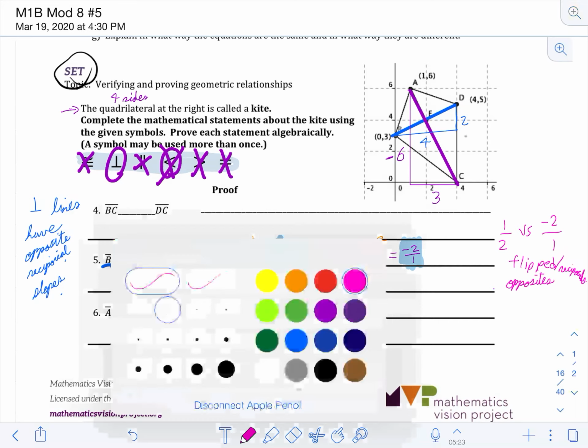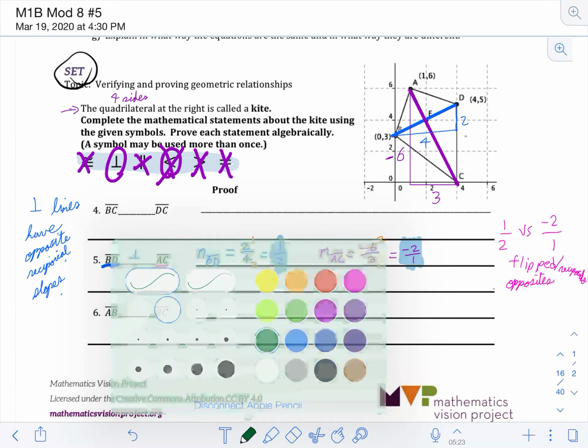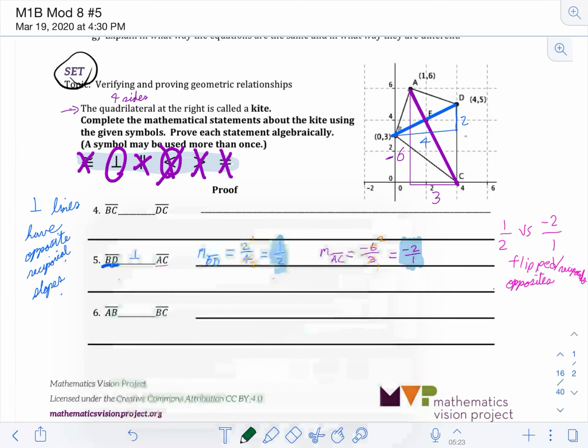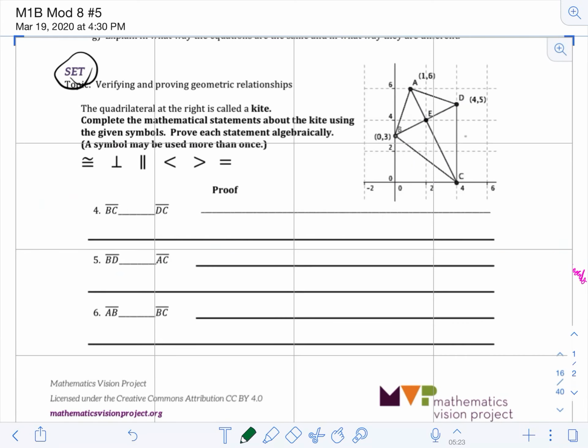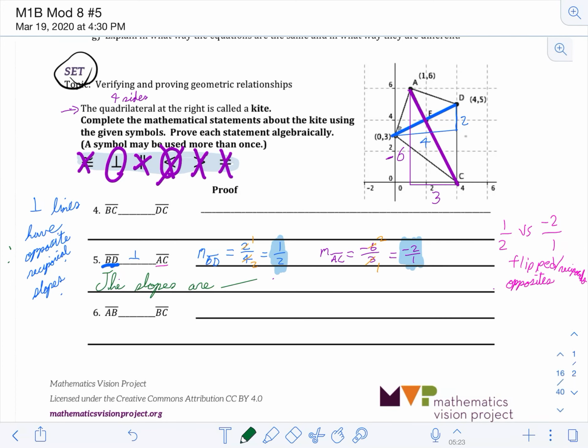Let me get a final conclusion we can write here. These slopes are opposite reciprocals. Sorry, just a second. Let me fix one more thing real quick.